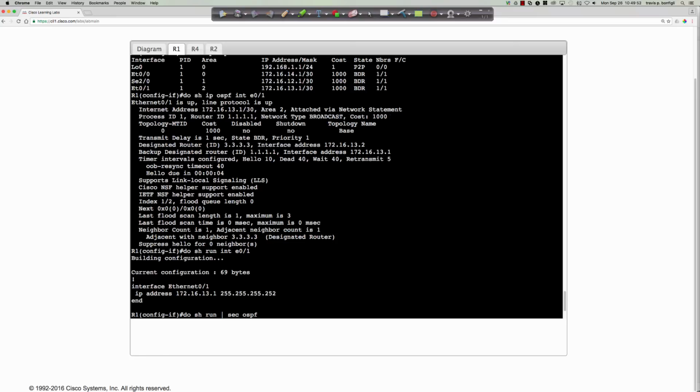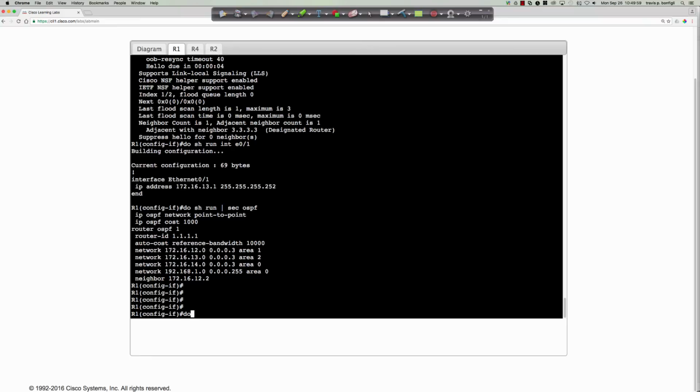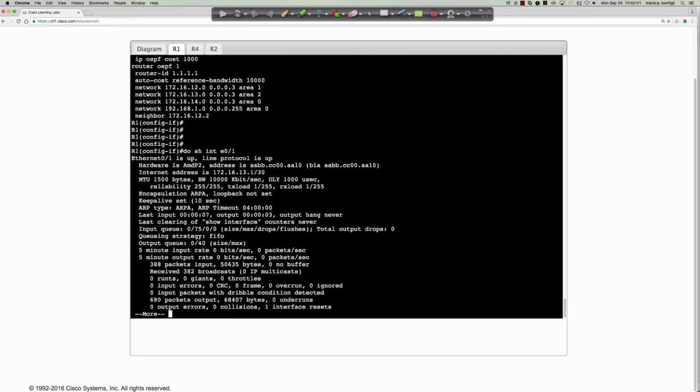Now remember, this is a regular Ethernet interface. If I were to say do show int Ethernet 0/1, what is the bandwidth on this interface? Remember, that's in kilobits per second. So this is a 10 megabit per second Ethernet interface.